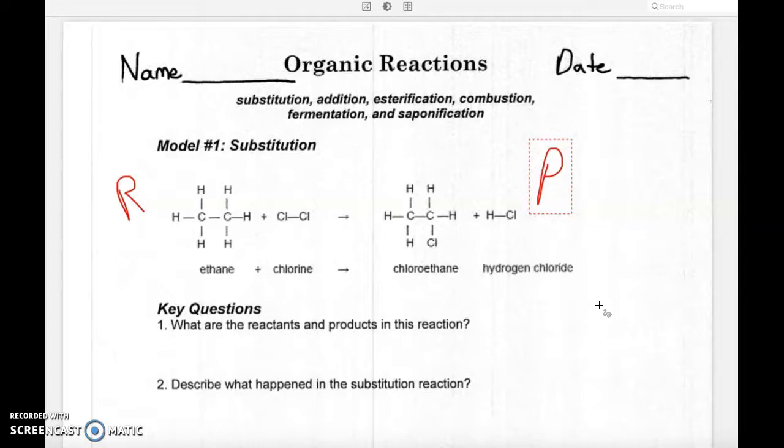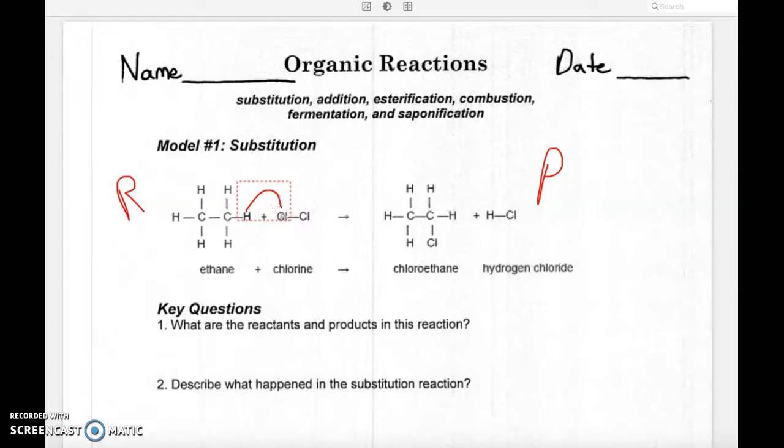Okay, so what's happening in this reaction? As you can see right here, ethane is going to combine with chlorine. Now, when that happens, sorry, I'm going to try to explain this in the correct manner.